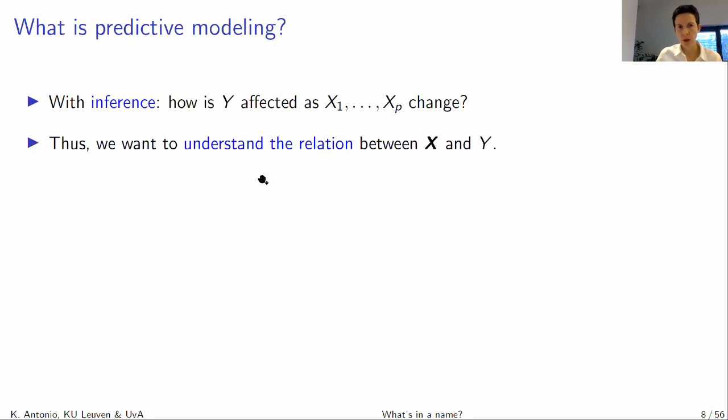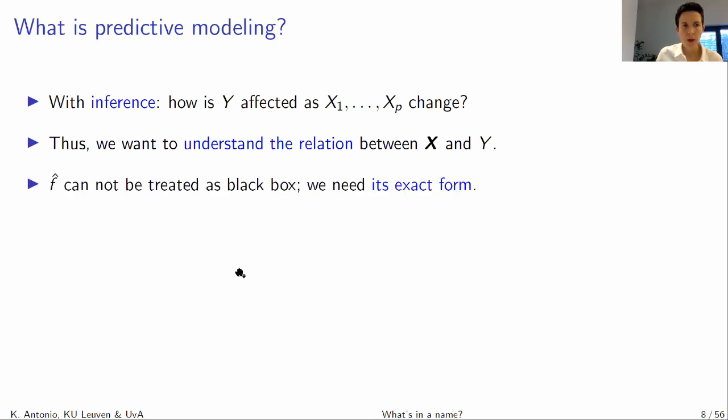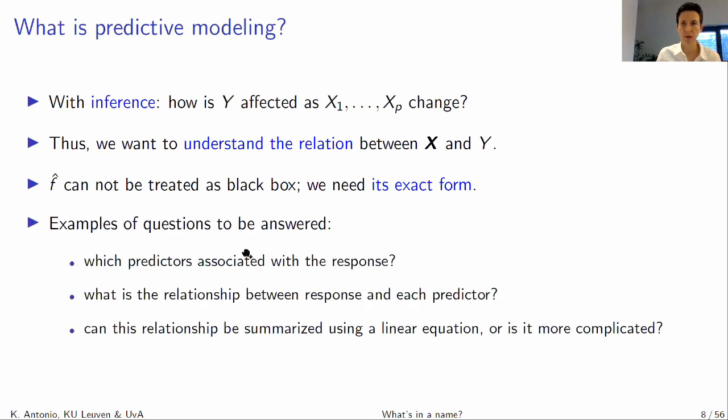So then we want to understand the relation between x and y. And we don't want to treat the f hat, the model that we're building, as a black box. We want to get insights into what this f hat is doing. We want to know its exact form, or at least gain some useful insights from this model that we built.